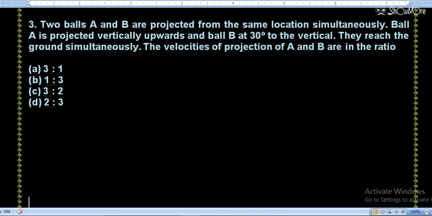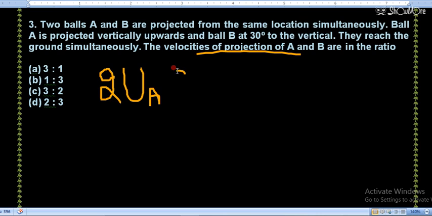You have to understand the question at the start before solving. So now we are using the same relation. Time of flight for A will be equal to 2 into UA, where UA is the velocity of projection of A, into sine, in this case theta will be equal to 90 degree.